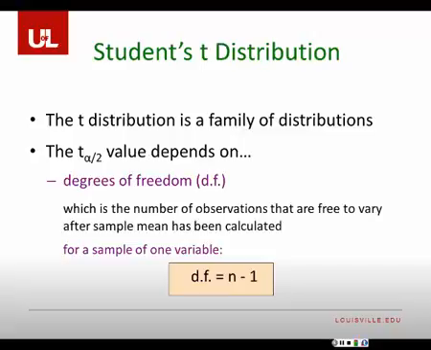Right? The reason we got that n minus 1 is that we had to eat up one of the observations in order to calculate the mean. Same thing is going on here. We're eating up an observation to calculate the mean. We're recognizing we're calculating the mean. What this does is that it reduces the sample size, if you will, that we're considering.